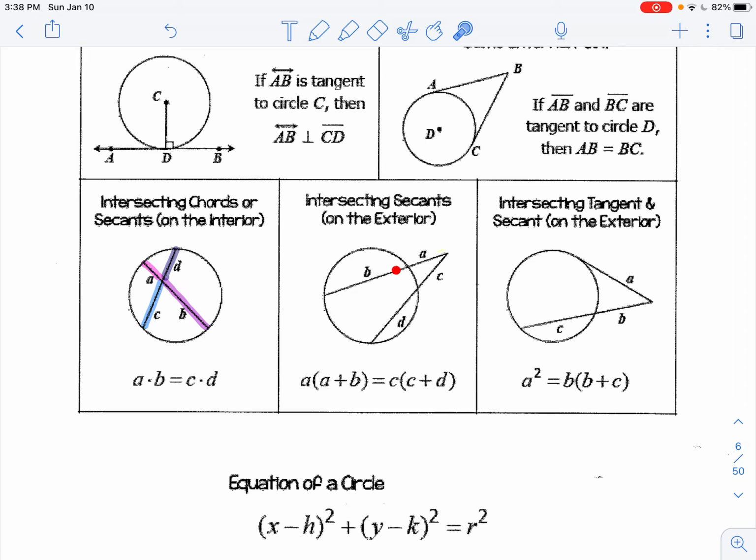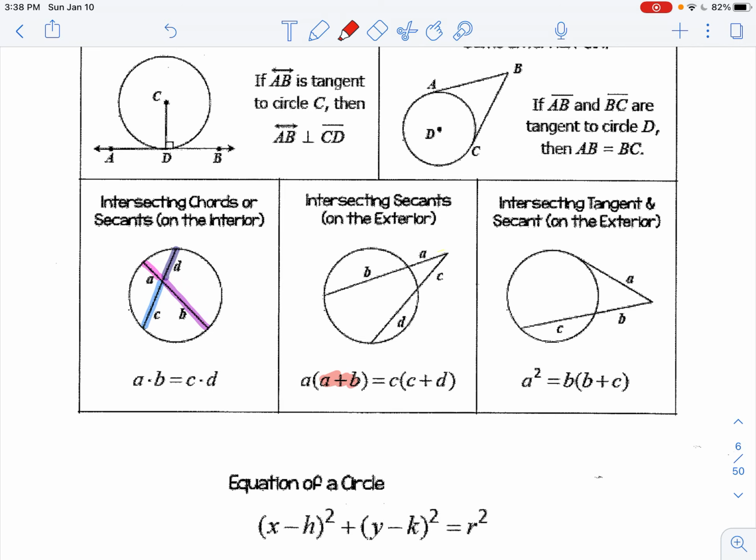Intersecting secants on the exterior. So here's a secant. It's intersecting twice. And this segment here is also a secant. It's intersecting twice. And these two secants are intersecting outside the circle.